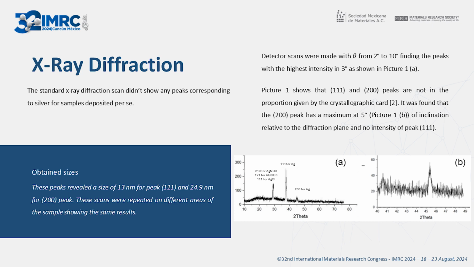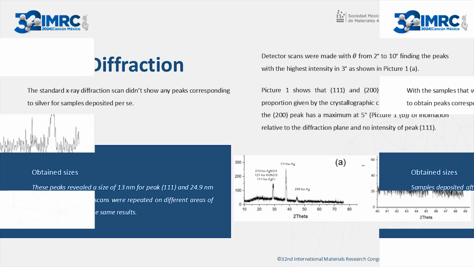This suggests the presence of a strong crystallographic orientation. These scans were repeated on different areas of the sample, showing the same results. These peaks reveal a size of 13 nanometers in direction 111 and 24.9 nanometers in direction 200.